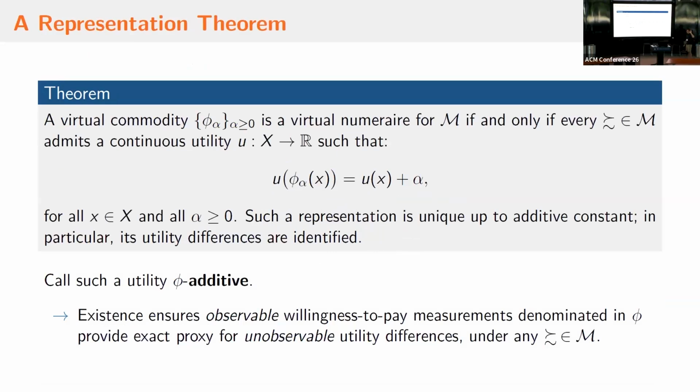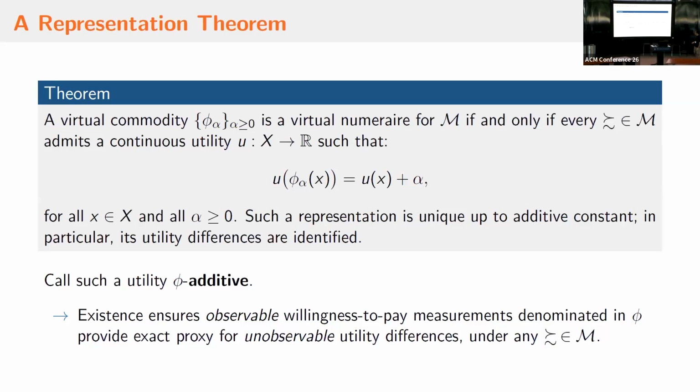Whenever I look at the utility of any x plus alpha units of this virtual commodity, that equals the utility of x plus alpha. This is just saying that if you give me a virtual commodity that satisfies a certain set of axioms that are in the paper, it acts like a numeraire good, just the way that money would for a quasi-linear person.